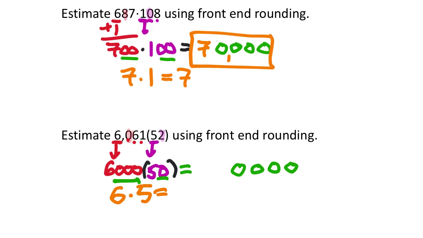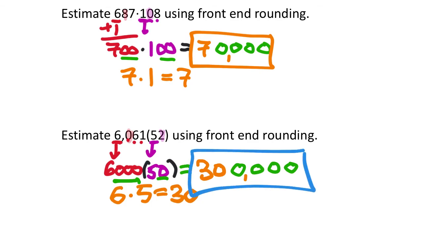If you can count by 5s, you do it 6 times, or use the multiplication table, or just the facts that you have memorized. 6 times 5 is 30, which we tack on to the zeros now, which makes that 300,000. So that is the product of 6,061 and 52 using front-end rounding.